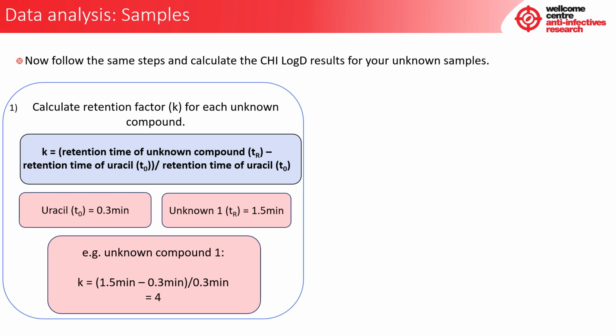So the retention factor for unknown compound 1 equals 1.5 minutes minus 0.3 minutes divided by 0.3 minutes. This gives a retention factor of 4. Do this for the rest of your unknown compounds.